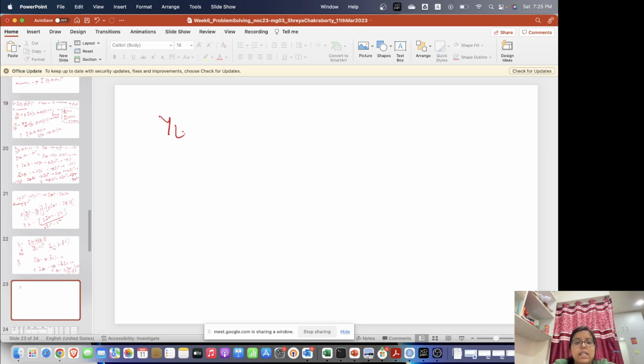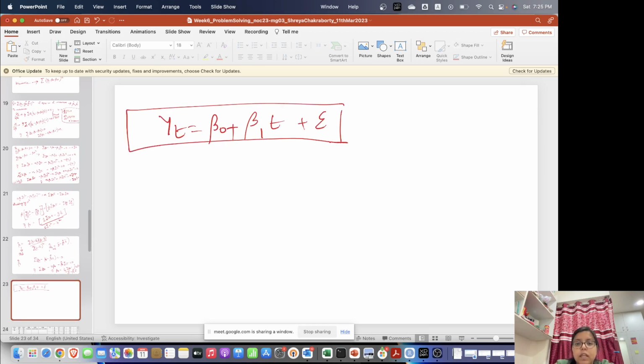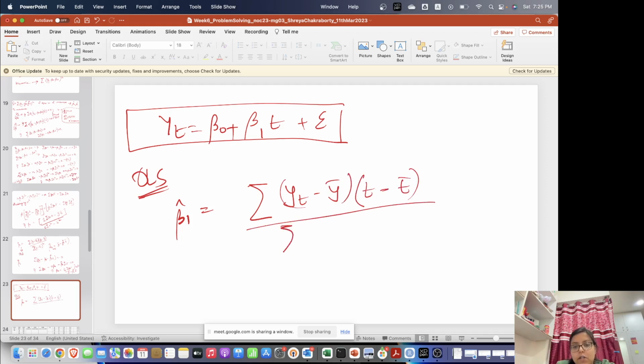So if y_t equals beta naught plus beta 1 t plus epsilon was my model, then the OLS estimates are: beta 1 hat is summation y_t minus y bar into t minus t bar by summation t minus t bar whole square, and beta naught hat would be y bar minus beta 1 hat t bar.